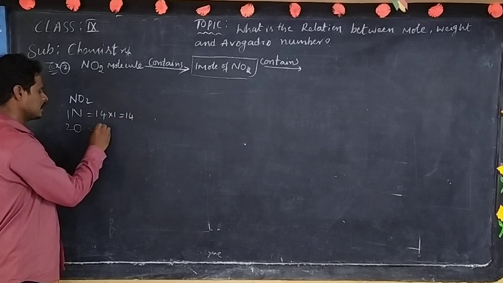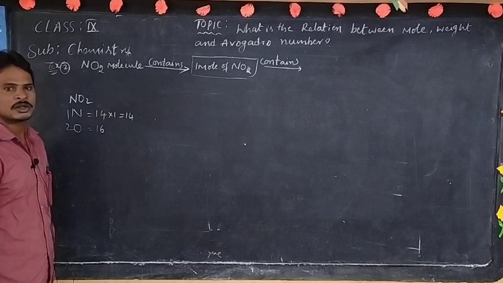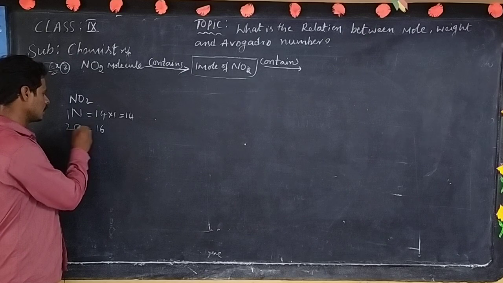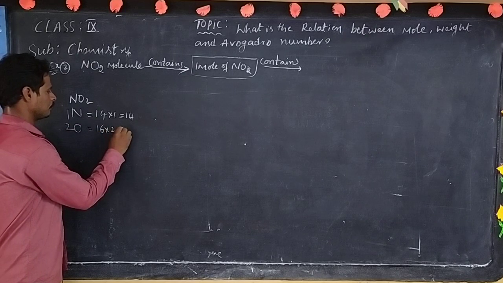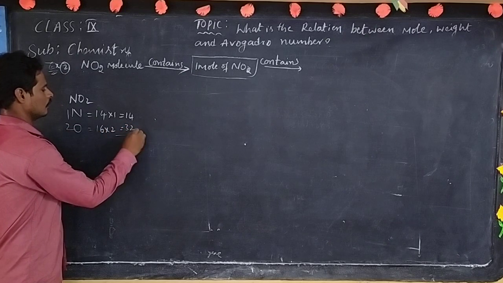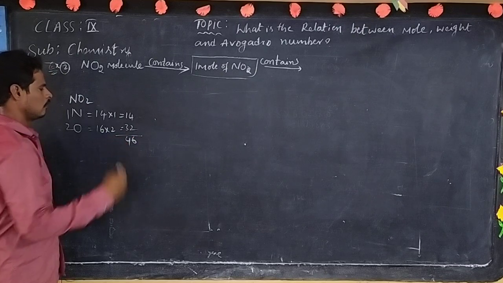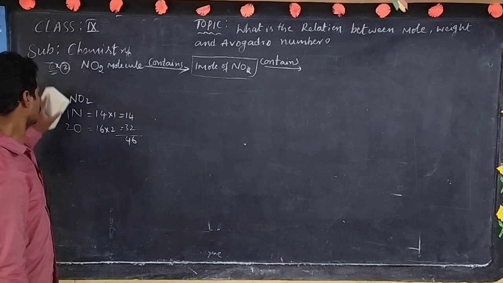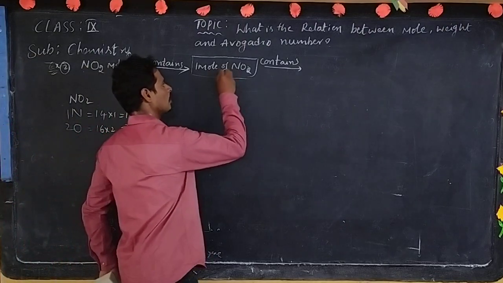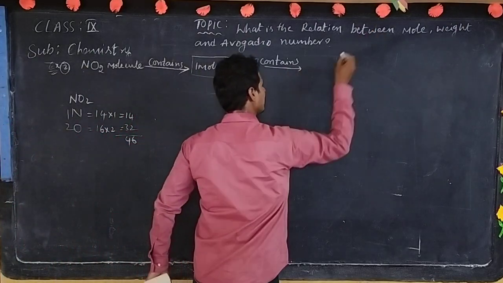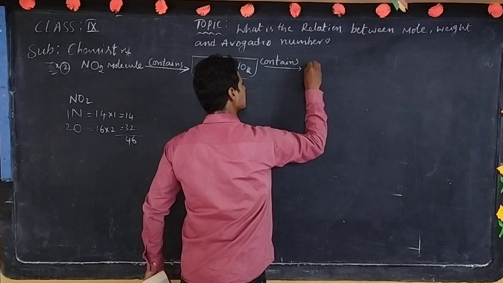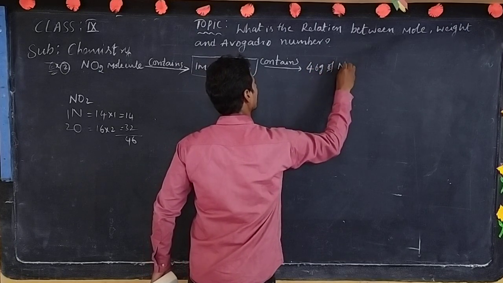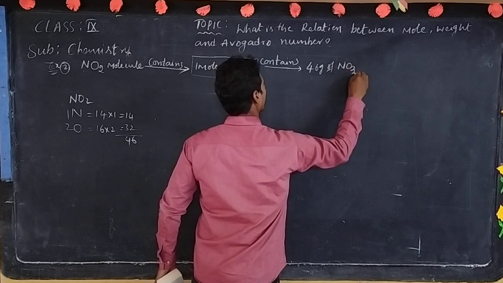Oxygen atomic weight is 16, but here there are 2 oxygens. 1 oxygen equals 16, 2 oxygens equal 16 into 2, 32. Total 46 grams. So 1 mole of NO2 contains 46 grams of NO2.